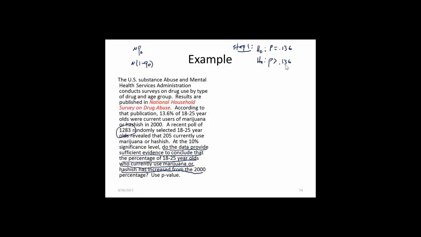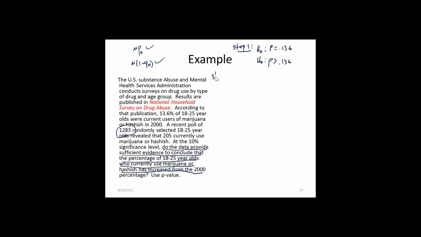Can we agree that 1 minus p sub 0 is about 0.87? So 0.87 times 1283, can we agree that that clearly is going to be bigger than 5? Okay, so the checks have been made. We're in the large sample size case, so we can carry on.